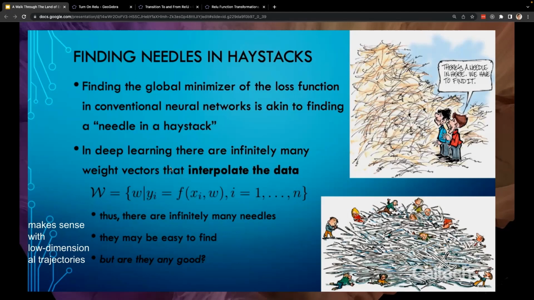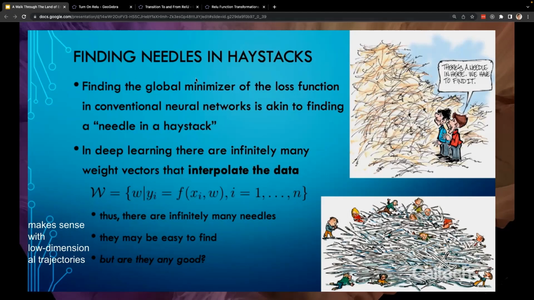In fact, you can find minima that interpolate the data and literally have no loss on the training data, right? At which point it becomes a problem not of finding an interpolation point that minimizes your training loss, but of finding something that minimizes your test loss. We can find a needle, but the question is, is it any good?